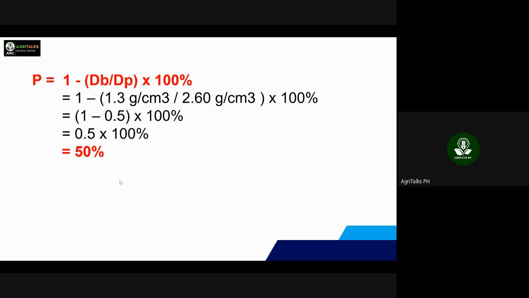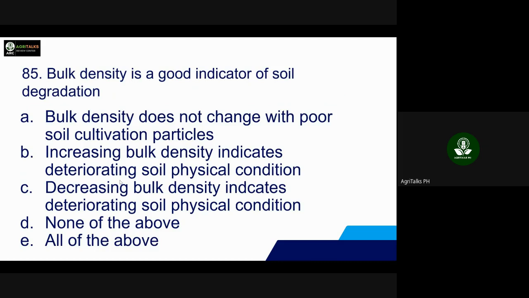Okay, let's proceed. 85. Bulk density is a good indicator of soil degradation. Which statement is correct? Bulk density does not change with poor soil cultivation practices. That's wrong because poor cultivation changes bulk density. Poor cultivation increases bulk density. So that's wrong. Letter B, increasing bulk density indicates deteriorating soil physical condition.